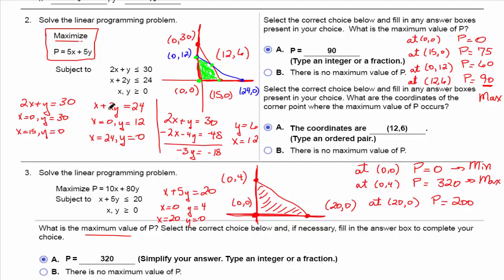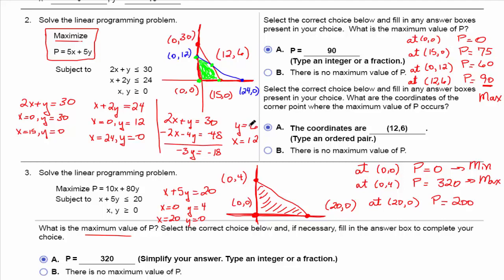So I took my two lines. I'm looking to see what I want to eliminate, and I chose to eliminate the x's. So multiply this all the way through by minus 2 and add them up, and I get minus 3y equals minus 18. So that says that y must be 6.